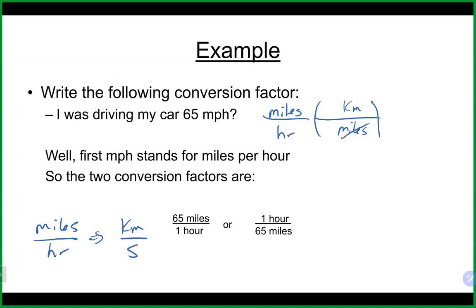That way the miles would cancel out first. If I stop right here on this calculation, the units I have are kilometers per hour. And it's important to set it up like this in dimensional analysis, because now I could clearly see that the hours are actually on the bottom, which means to get rid of hours, I need to put them on top, right?